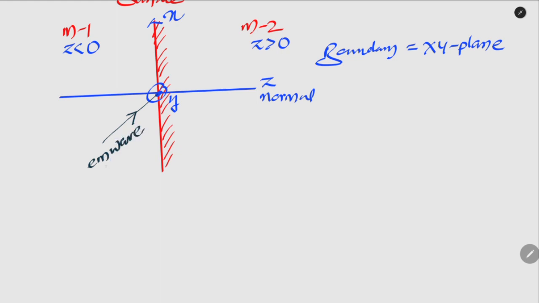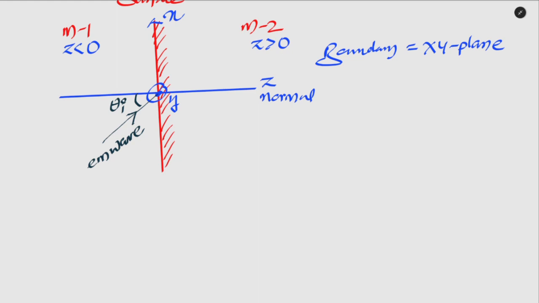And it is making an angle theta I with the normal to the boundary. Here the main point is whether the wave is making the angle with the boundary or with the normal to the boundary, you have to be careful. I am making the angle theta I with the normal to the boundary, not with the boundary.